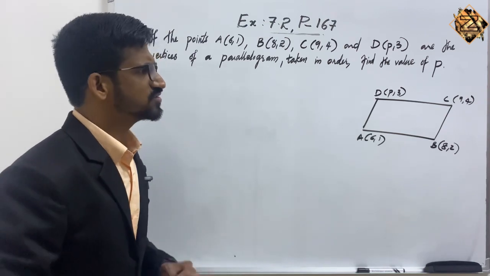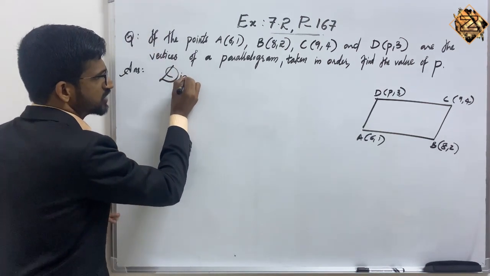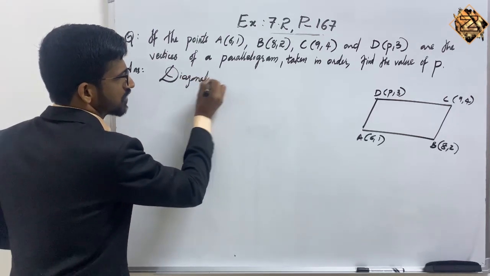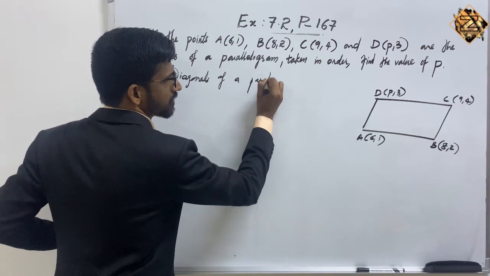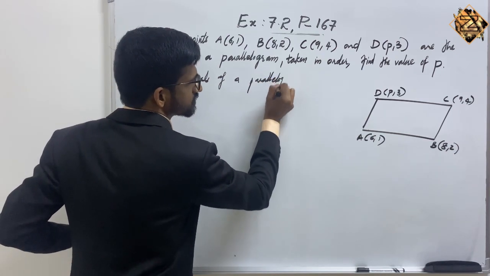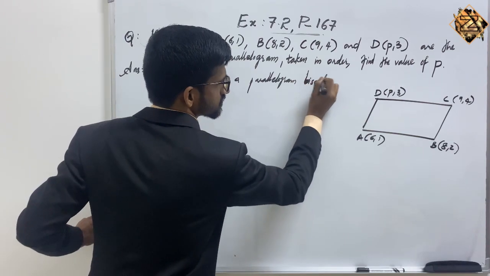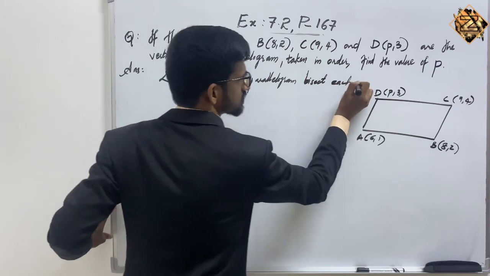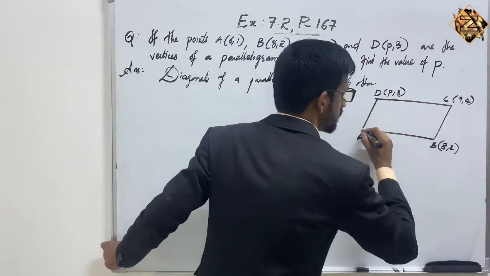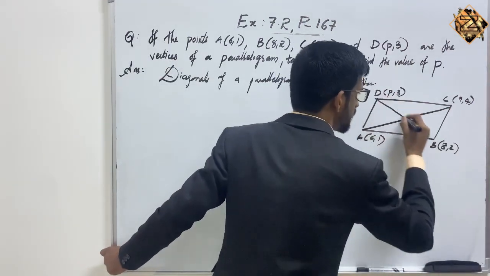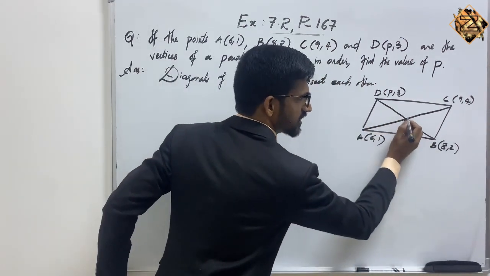Okay, students. So here we know that the diagonals of a parallelogram bisect each other, isn't it? Diagonals here AC and BD are the diagonals. So both the diagonals bisect each other means what?